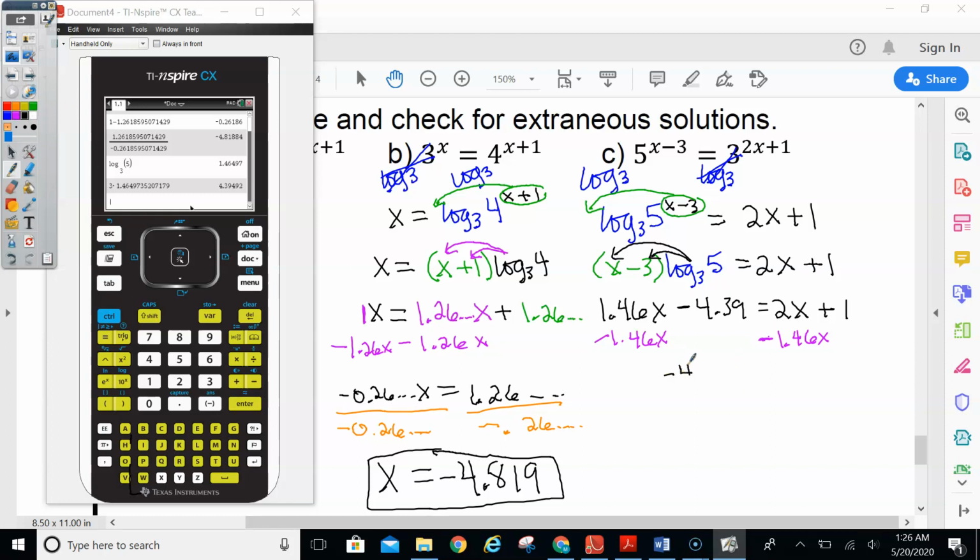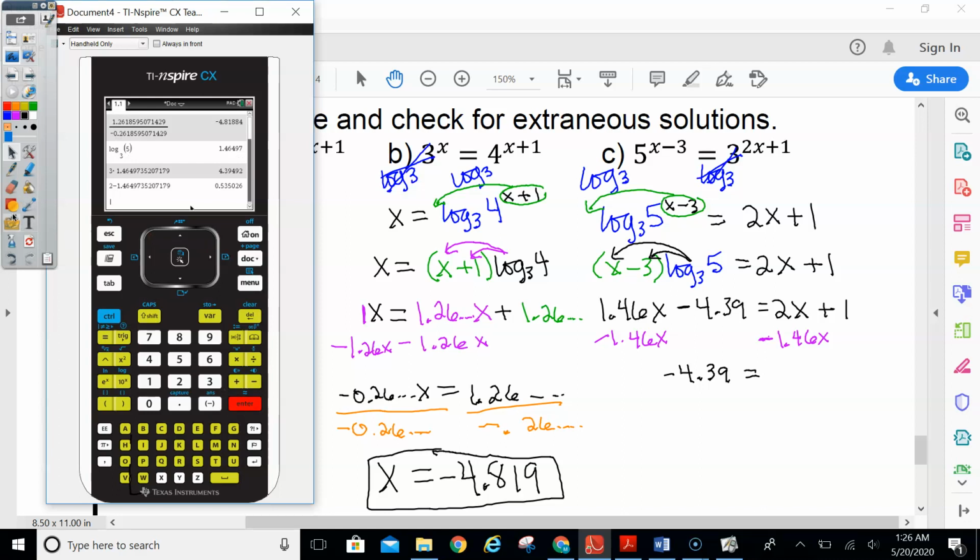So I get negative 4.39 equals 2 minus, I've got to go up and highlight it, the 1.461, and get that decimal, 0.53, x plus 1, and I take 1 and subtract it from this side.